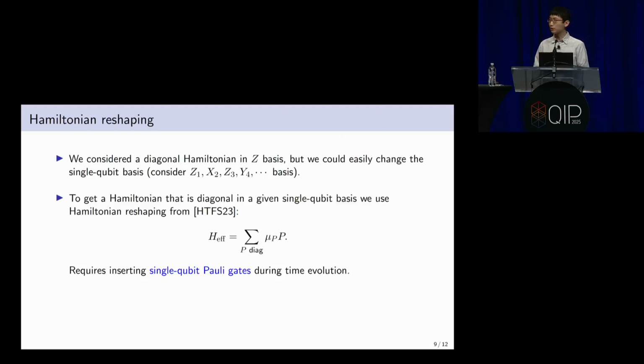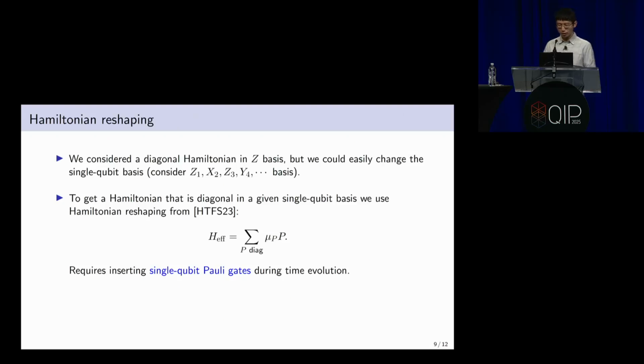Then the technique we need to use is Hamiltonian reshaping, introduced in a 2023 paper. What Hamiltonian reshaping does is give us an effective Hamiltonian that contains terms from the original Hamiltonian, but you can select which terms you want to preserve and which terms you want to throw away.